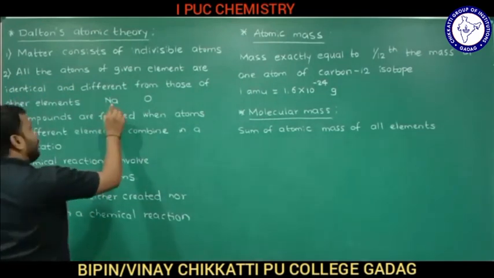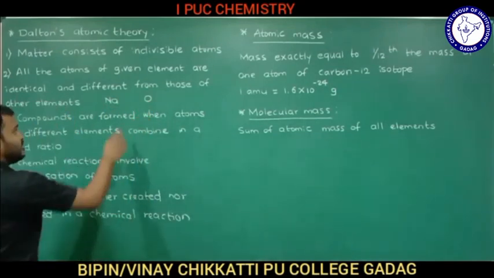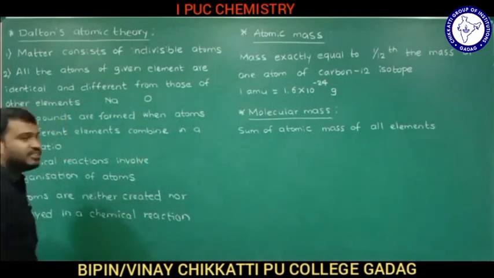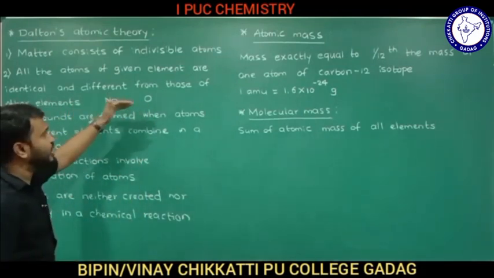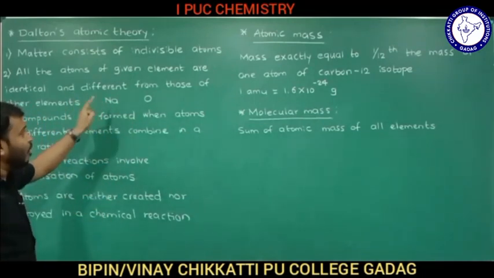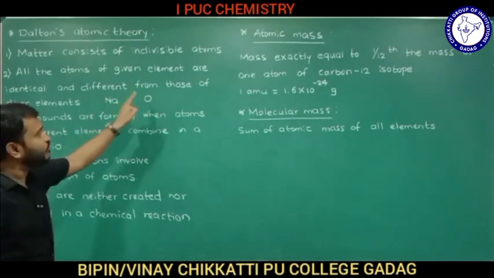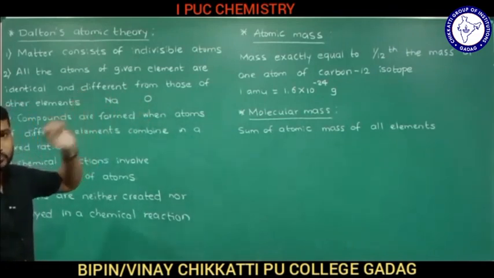When you compare sodium atoms and oxygen atoms, the properties differ. In one element all the atoms are identical, but if you compare the atoms of another element, they are different from each other.